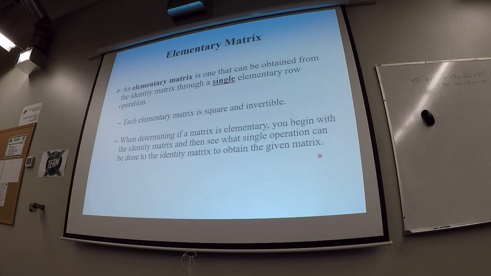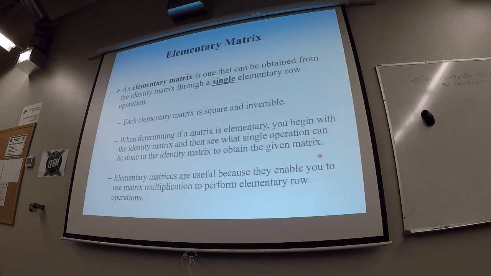And it can only be one, otherwise it's not an elementary matrix. You know how sometimes we can do adding multiples for two different rows at a time? One only. Elementary matrices are useful because they enable you to use matrix multiplication to perform elementary row operations.